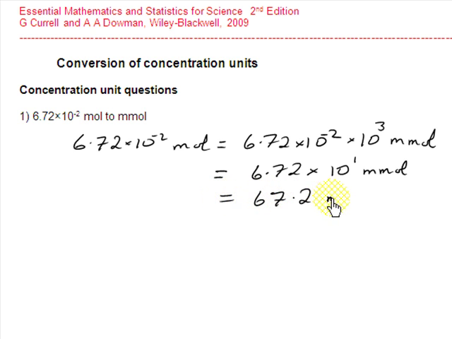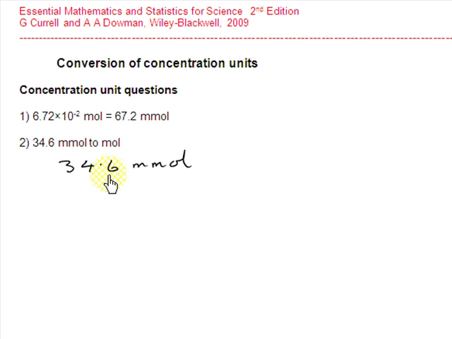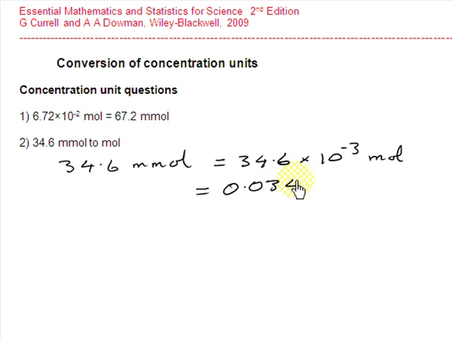67.2 millimole. For 34.6 millimole, we can replace the unit millimole by 10 to the -3 moles, and then the effect of multiplying by 10 to the -3 will move the decimal point 3 places to the left, giving us 0.0346 moles.